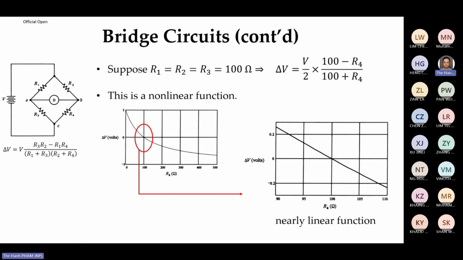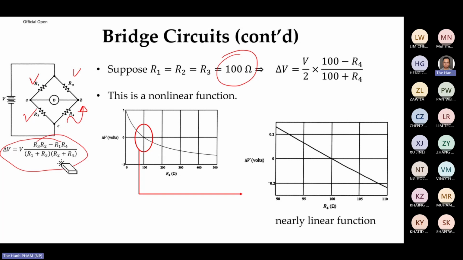Now this will be used, for example, when we talk about sensors based on varying resistance. Suppose R1, R2, R3 are fixed, and in this case, fixed at 100 ohm, for example. Then R4 will be changing, right? R4 is changing.